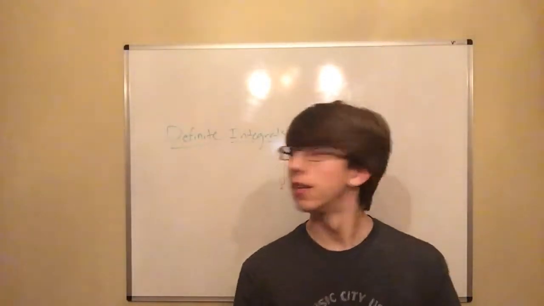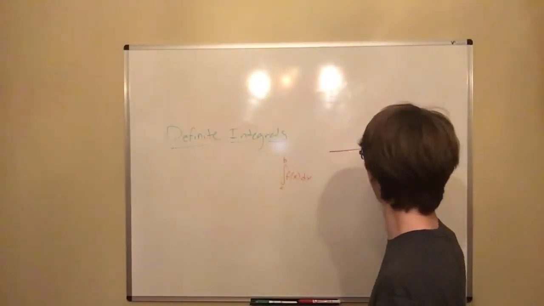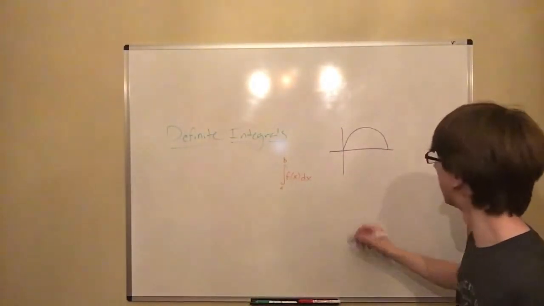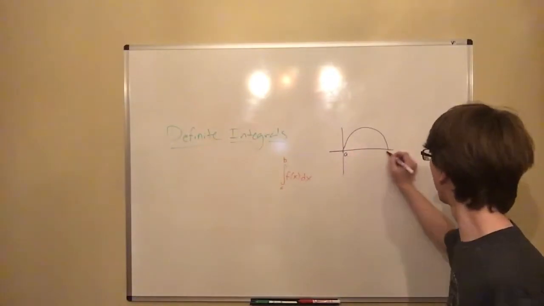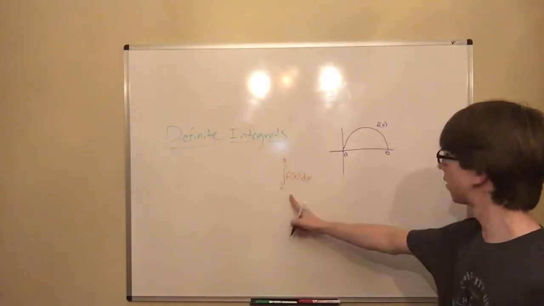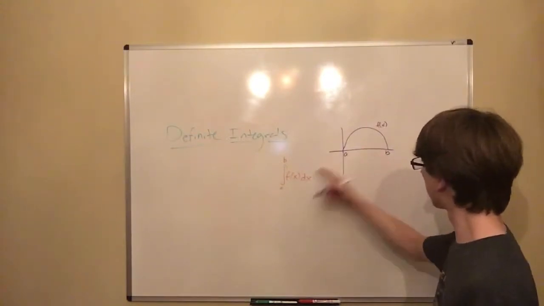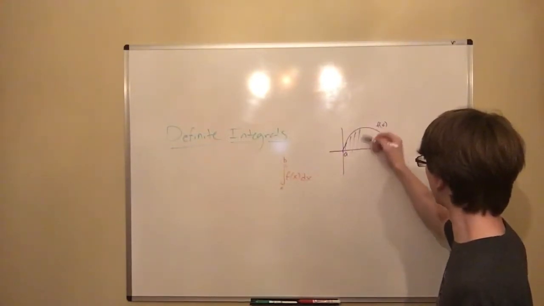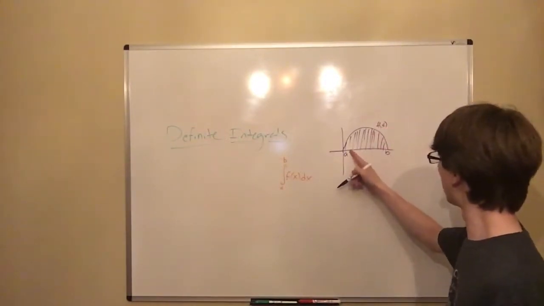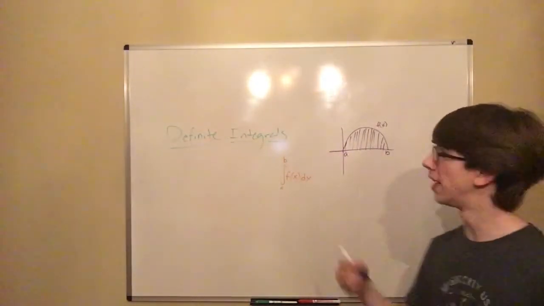Today we're going to talk about definite integrals. So here I'll draw a curve like this, and this is point A and this is point B. So this is f of x, and we're measuring the integral from A to B of f of x, which is basically measuring the area underneath the function from point A to point B. That is what a definite integral is.